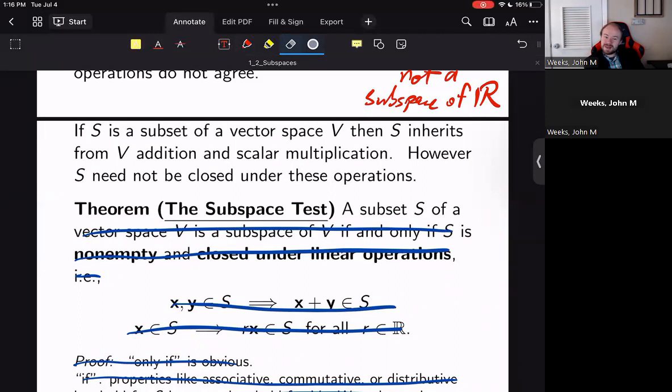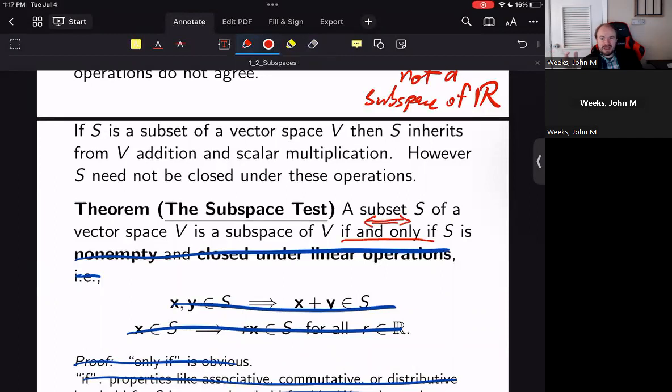The theorem known as the subspace test tells us that a subset of a vector space V, given all the same operations as the vector space V, is a bona fide subspace if and only if S is non-empty and closed under linear operations. Remember that if and only if means something unique: you can go one direction or the other.